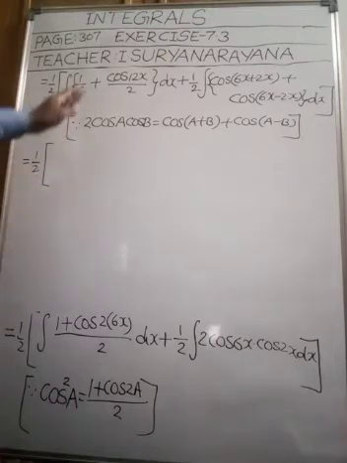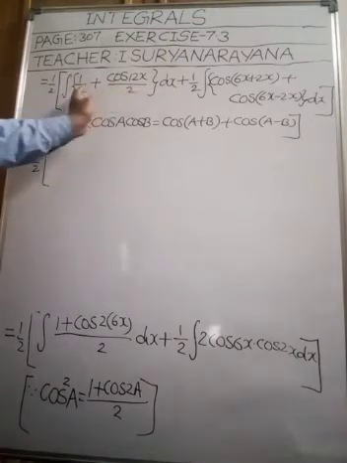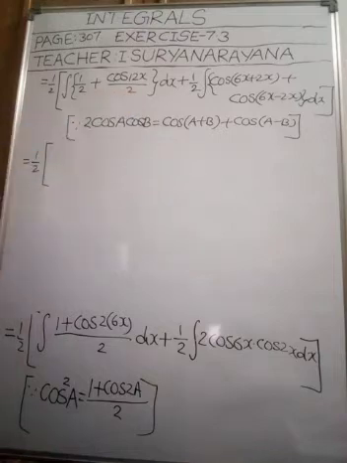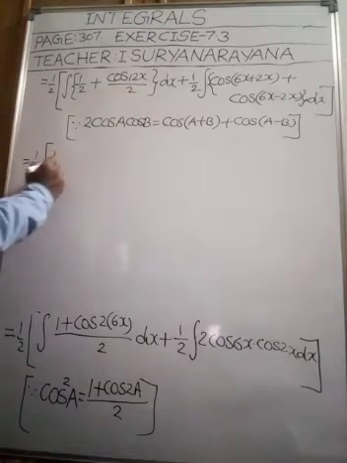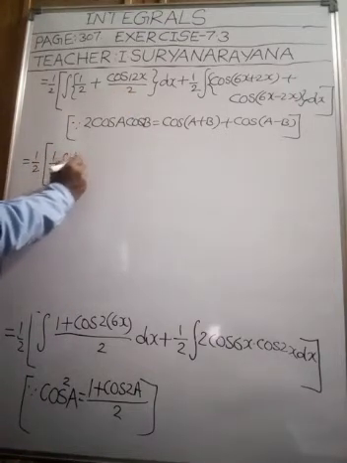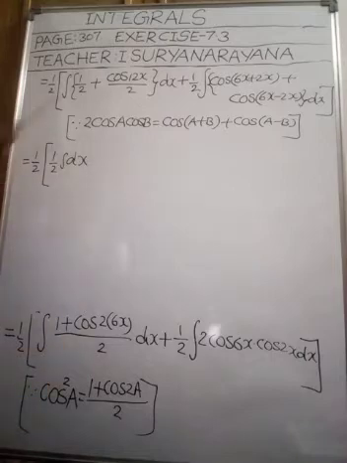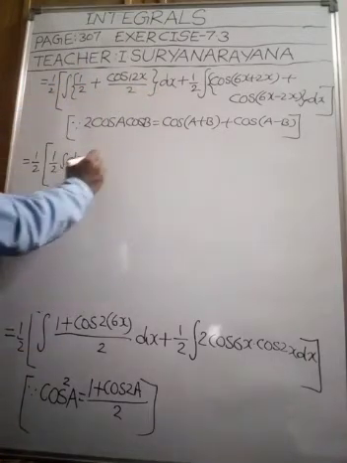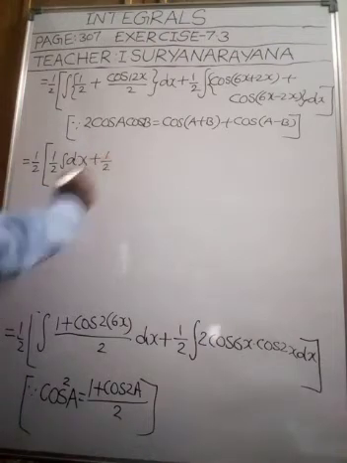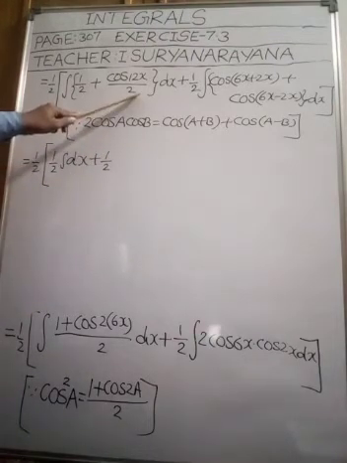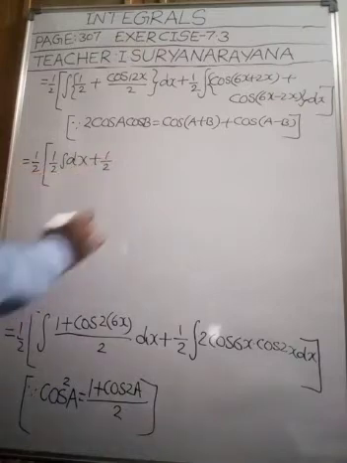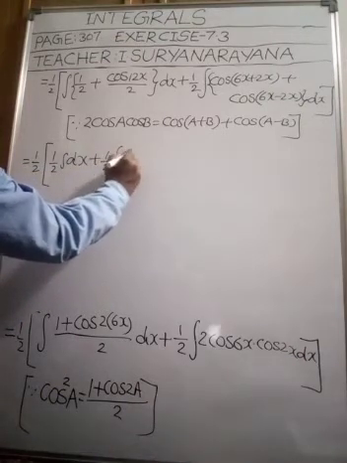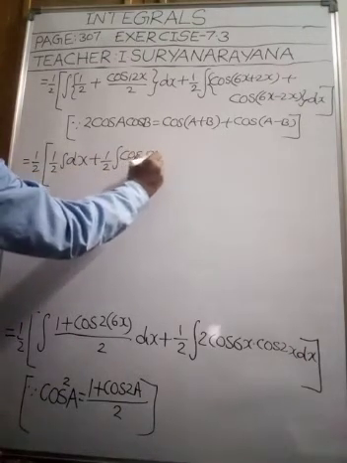1 by 2. Now let us find the integrals of these two terms separately. So 1 by 2 integral dx. Understood this first term, my children? Right. Plus 1 by 2, I am writing the numerical coefficient directly outside the integral sign. So 1 by 2 integral cos 12x dx.